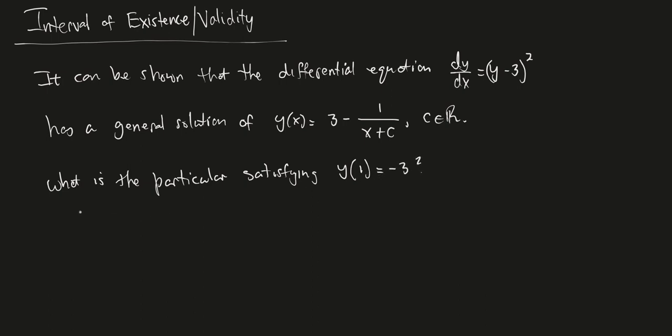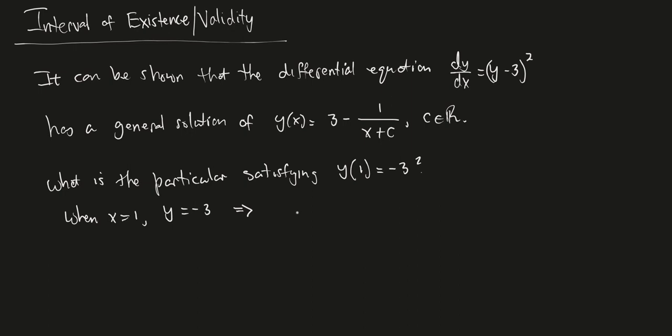So what this tells us is that when x is equal to 1, y is equal to negative 3, and this gives me an equation through which I should be able to figure out what the constant is, because that's how we go from the general to the particular, right? We need some additional bit of information that will say, okay, out of all of these functions, which one satisfies this condition?